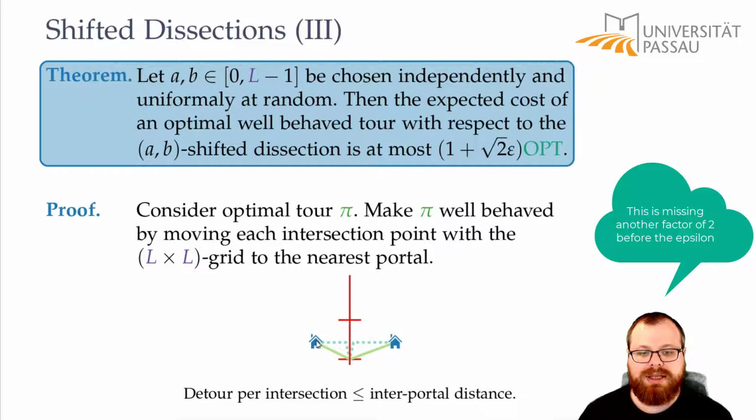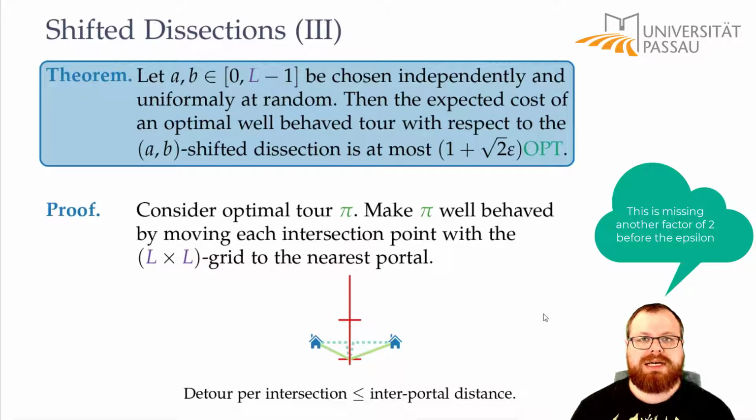So the additional length this green tour now has is at most the interportal distance of this line. That means it is good to cross lines of a high level and bad to cross lines of a lower level. So we have to figure out how likely it is that a line that we cross has a low level.